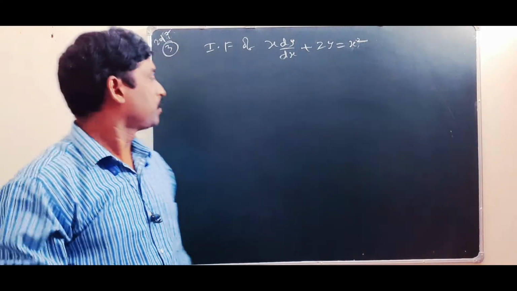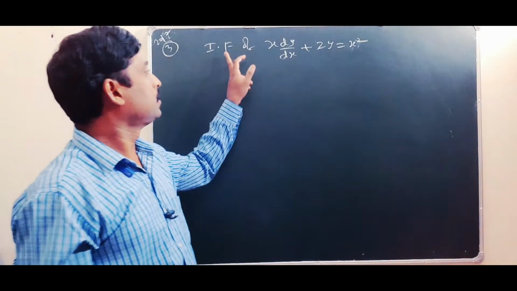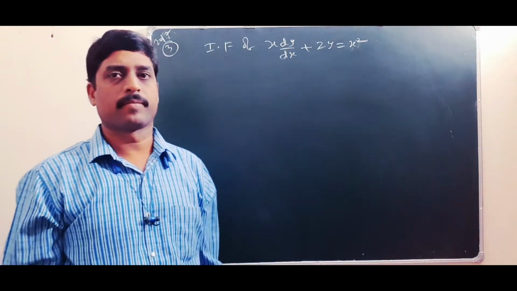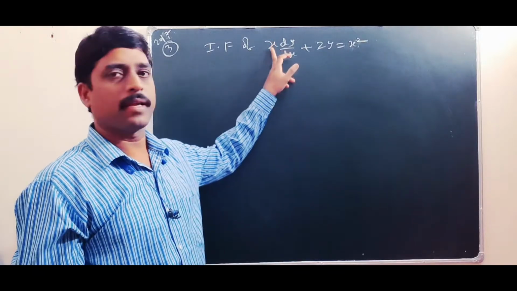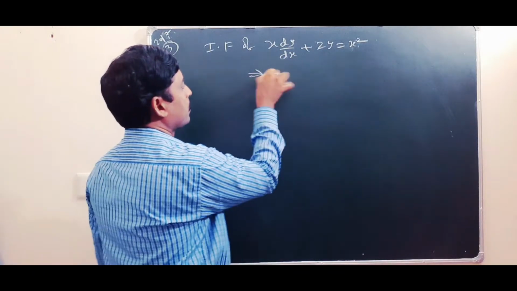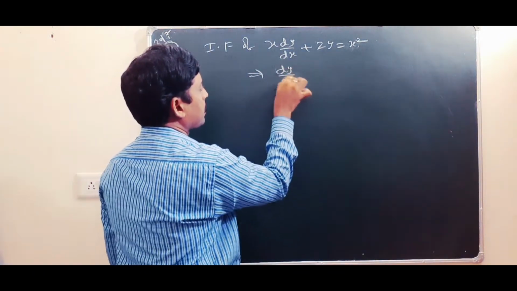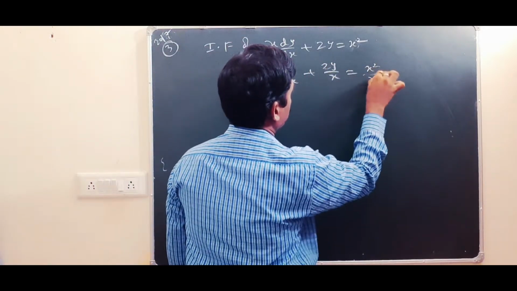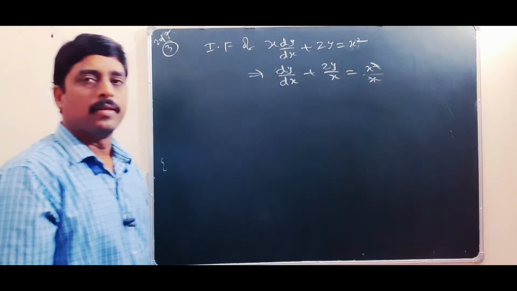Let us go to the next problem. This is from 2017. Find the integrating factor of x dy/dx plus 2y is equal to x square. First, divide by x on both sides. dy/dx plus 2y/x is equal to x square by x, and one x gets cancelled.